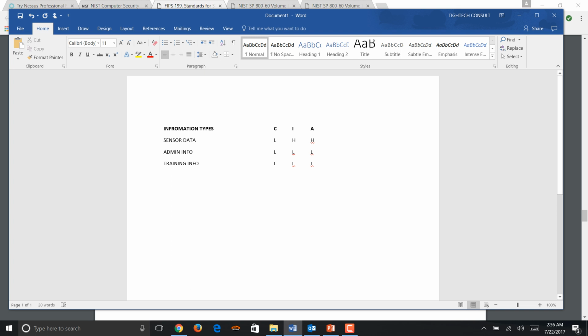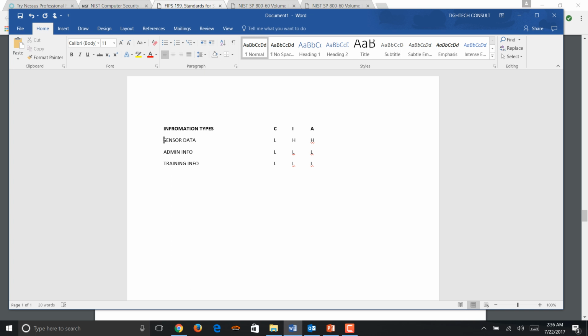Also, when we say loss of availability, what does it mean? It means if there is a security breach on this system, or if this system goes down, it is not available when needed. The potential impact, the severity of damage that can result from this incident will be high. That is, it could lead to loss of life. It could lead to serious financial damage. It could lead to serious loss of organizational asset.